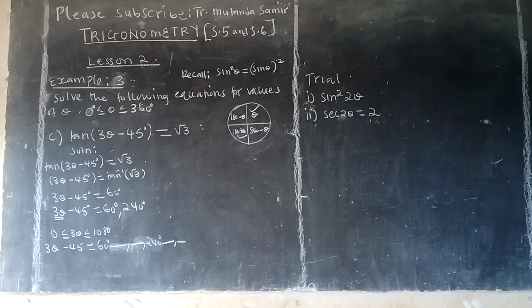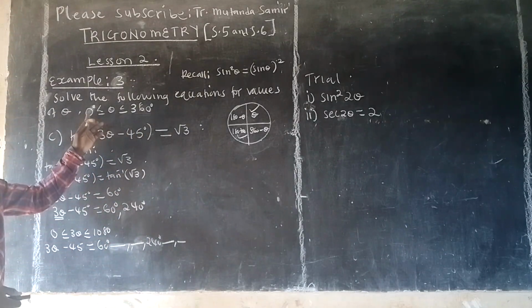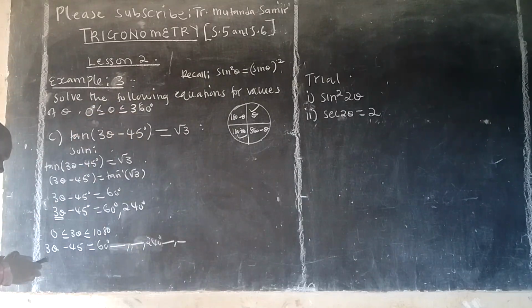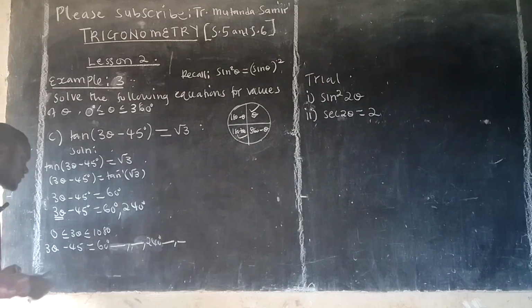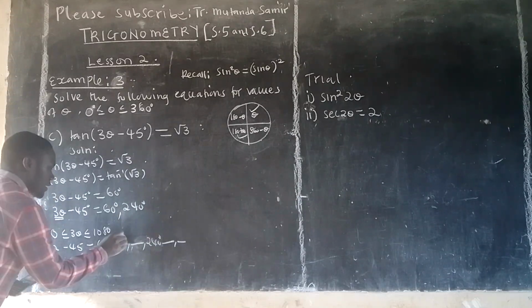Okay, let's proceed. Now I said in the accumulating, you get this angle, you add 360 plus this angle. Why 360? If here we had 0 to 180, you would add plus 180. So you're going to have 60 plus 360. That is 420 degrees.